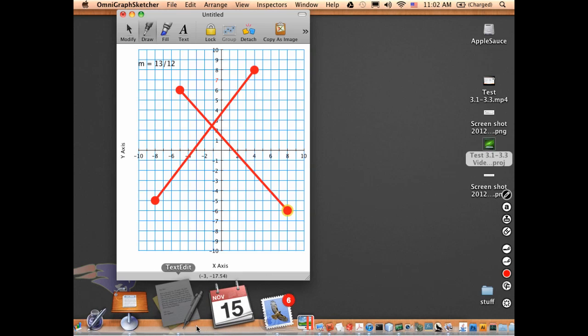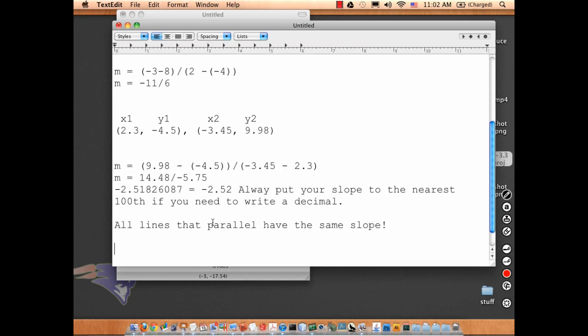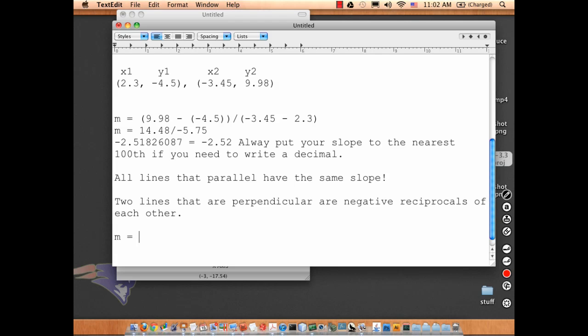So what this means is that two lines that are perpendicular are negative reciprocals of each other. So if I'm given a slope that's 1/2, first thing I do is I reciprocate that.